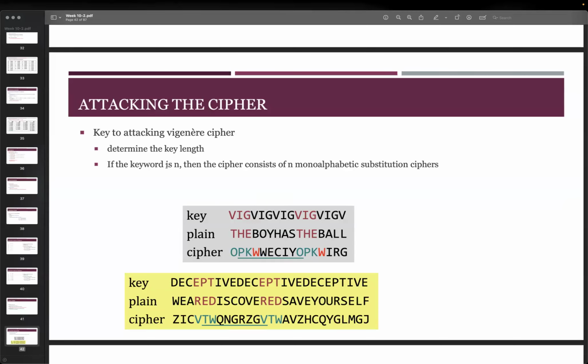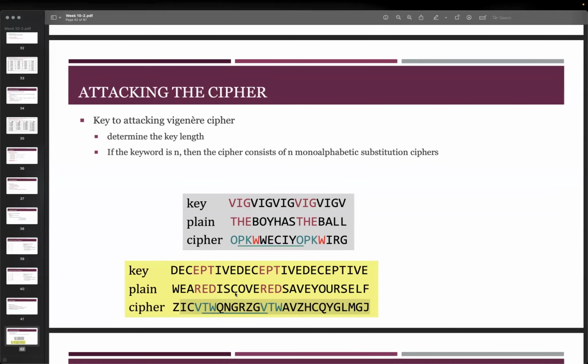Okay, so right here we are trying to look for, okay, if the key will be like this, like E C E P T, and then we try to match it. Okay, EPT right here. And then for the plaintext, we have something like red right here, and we try to match. And after we cipher, the ciphertext will look like something like this.